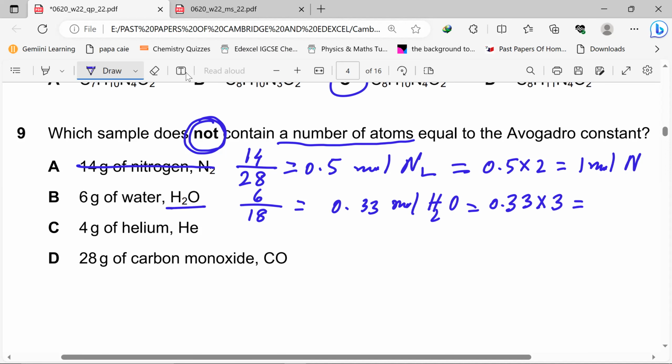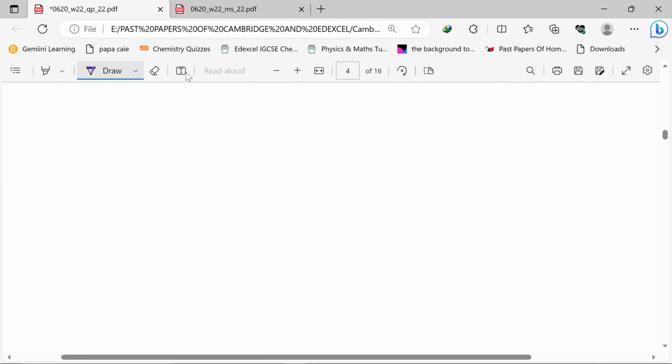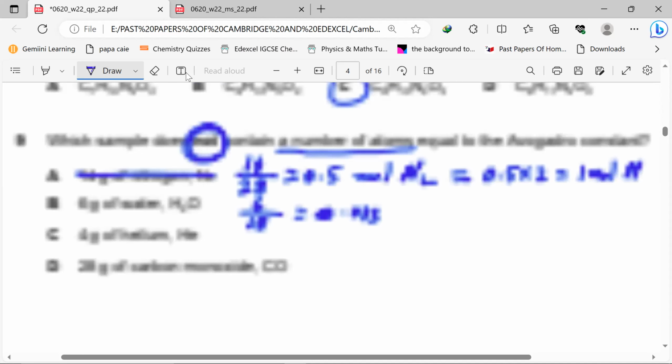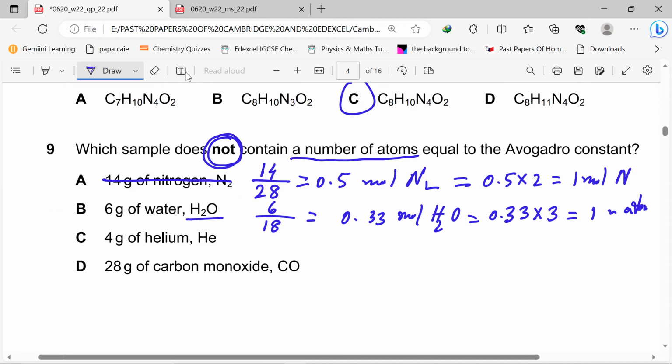So it's approximately 1 mole of atoms, right? So this is also 1 mole of atoms, which is the Avogadro constant. 1 mole means 6.02 times 10 to the power 23. So it's not the answer.